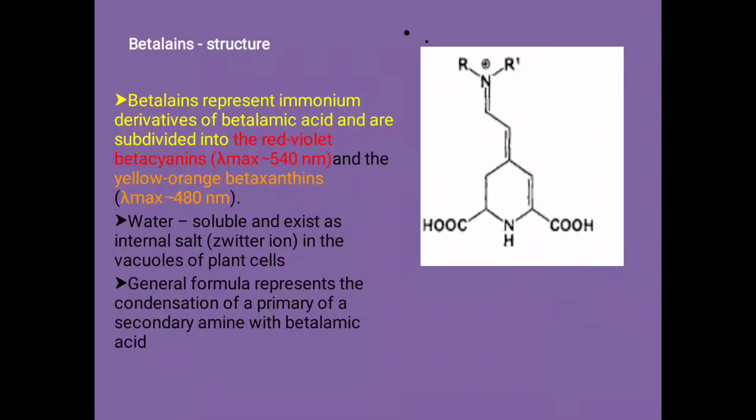This is water soluble and exists as an internal salt, that is a zwitterion, in the vacuoles of the plant cells. The general formula represents the condensation of a primary or secondary amine and betalamic acid. So this is the structure of the betalains, which is shown on the right side of the slide.